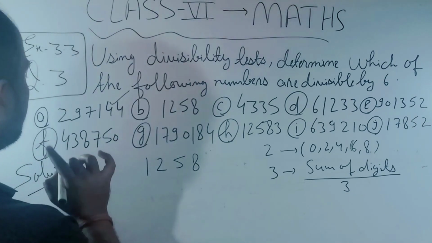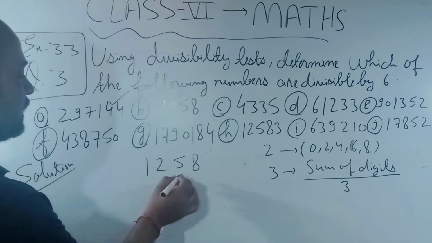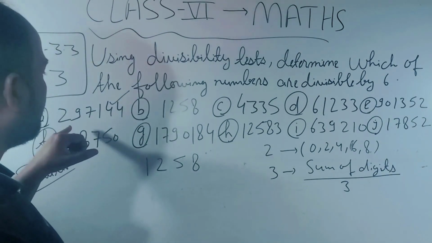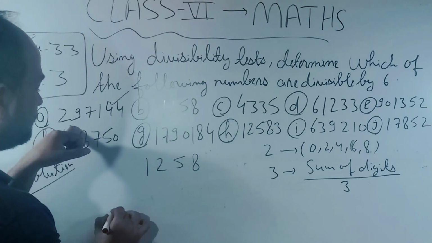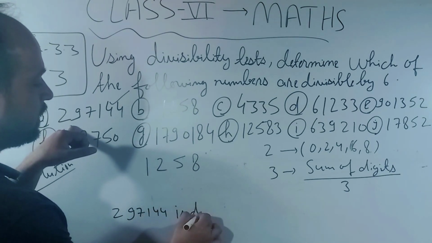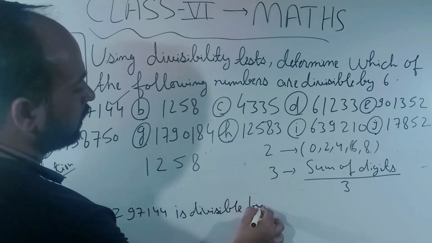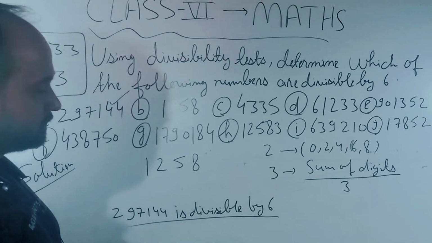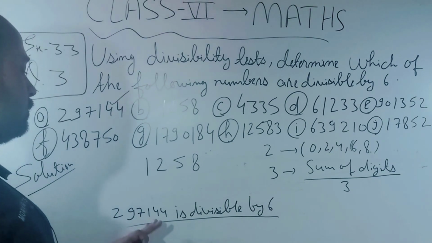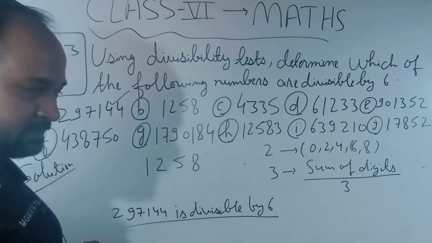Suppose that number is divisible by 6, you can write the number directly like this: 297,144 is divisible by 6, to get full marks. Clear? So you will add one line at last. If that number is divisible by 6, you will write divisible by 6. Otherwise you will write this number is not divisible by 6, like that.